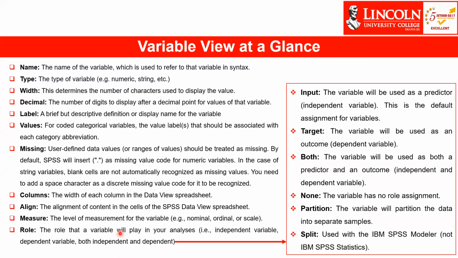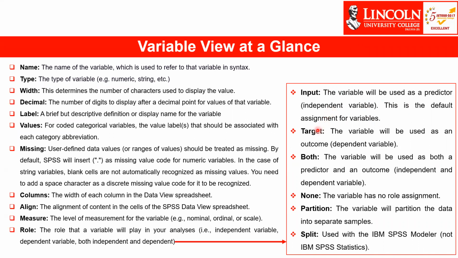Inside this role, you have input, target, both, none, partition, and split. By default, you may see input, so the variable will be used as a predictor, that is, as an independent variable. This is the default assignment for variables. But if you know that it is not an independent variable, you can change it to target.